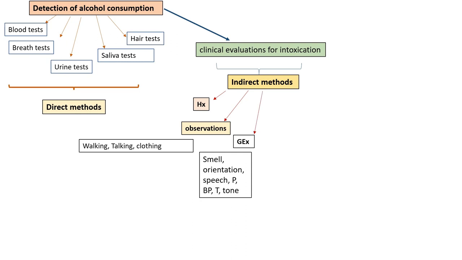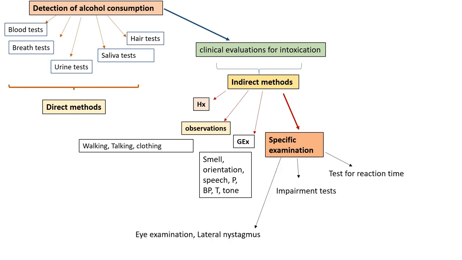Under the general examination, we have to perceive the smell of alcohol and his orientation to date, time, place, etc. And about speech, whether it is slurred or oriented, and the pulse, blood pressure, temperature, and the tone. As per the specific examination, there are certain things that a medical officer has to appreciate.